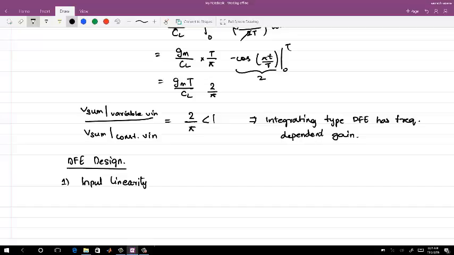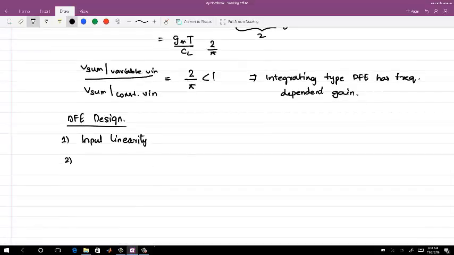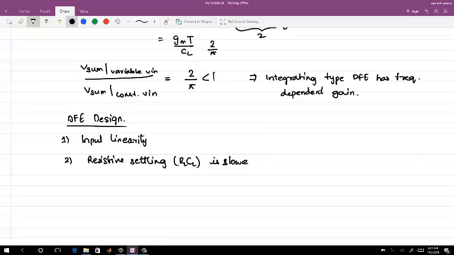Okay, the second one we have seen, we see two things. One is resistive settling, this is RLCL settling. Resistive settling is basically slower than current integrating type.